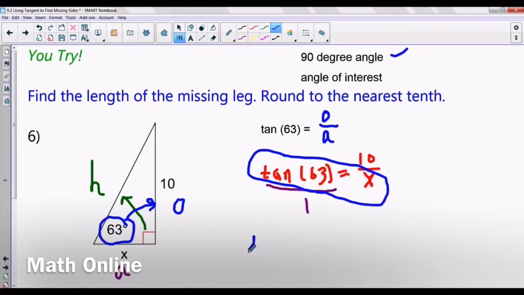So I'm going to say x times, right? I always like to start with the variable when it comes to tangent. So x times tangent. It will make your life easier, guys, if you do this. X times tangent of 63 degrees is equal to, what's the next product? 1 times 10, or 10 times 1.